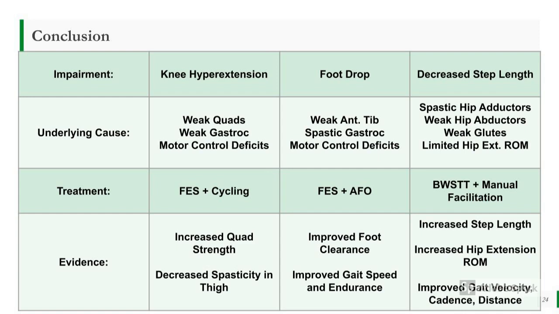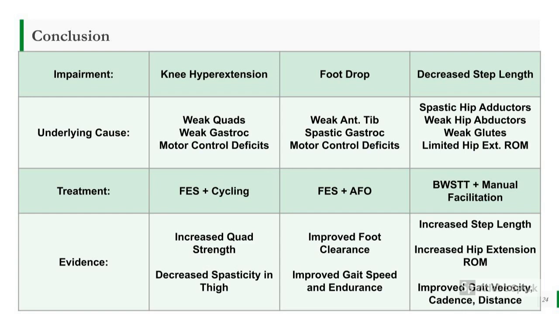We chose to treat knee hyperextension, which could result from weak quads or gastrocs, with functional electrical stimulation plus cycling to increase quadriceps strength. We chose to treat foot drop, which could result from weak anterior tibialis or spastic gastrocs, with functional electrical stimulation plus an ankle-foot orthosis for immediate improvements to foot clearance and secondary gait outcomes.